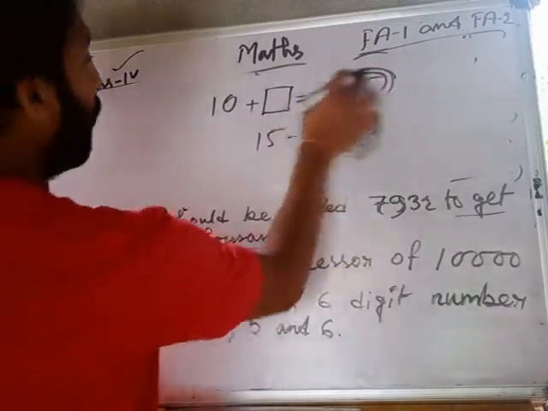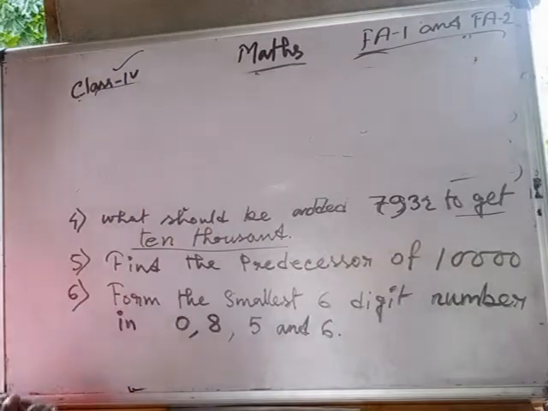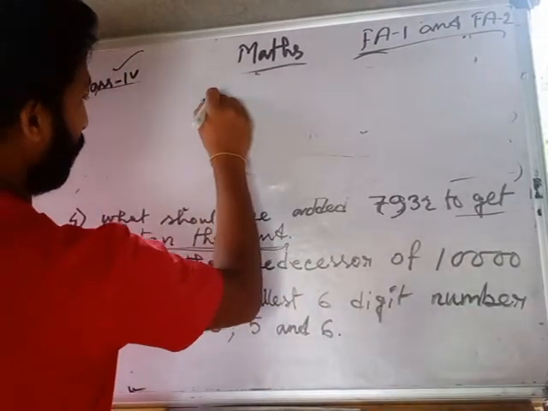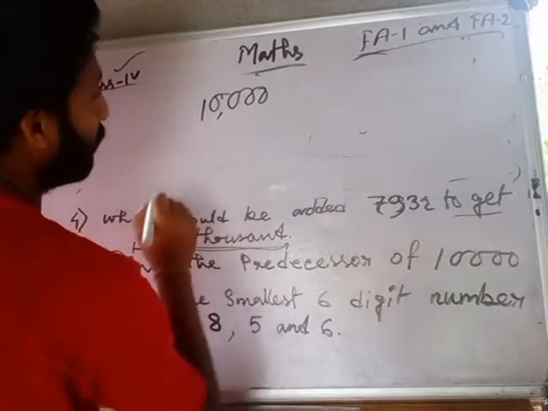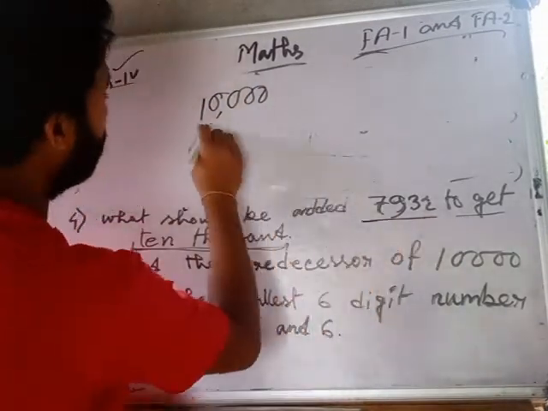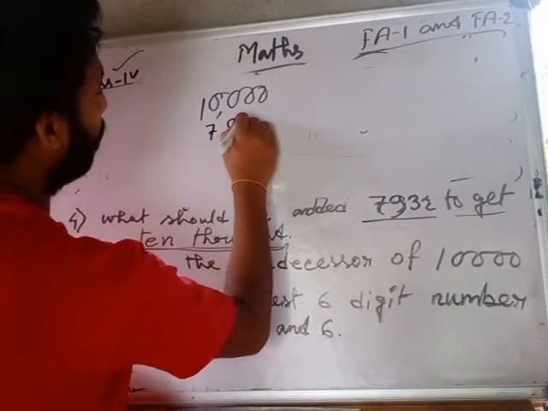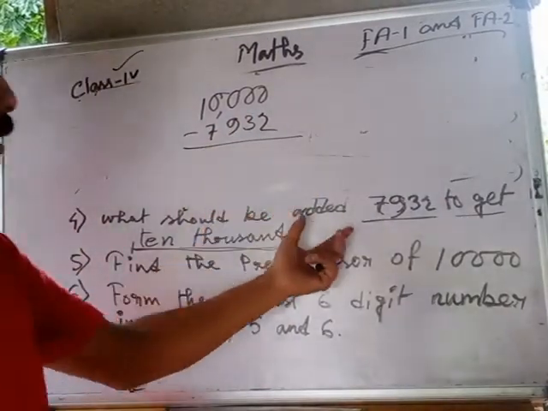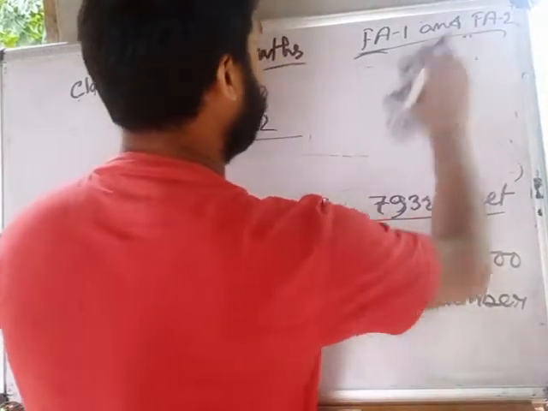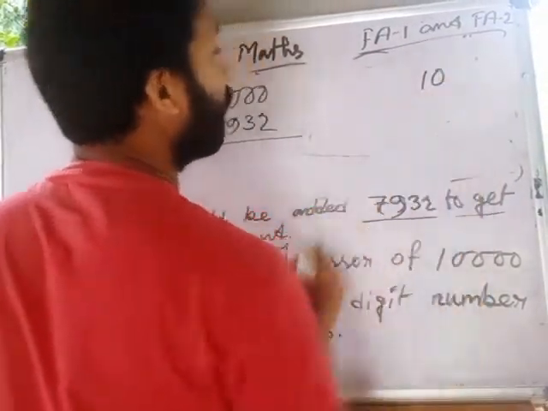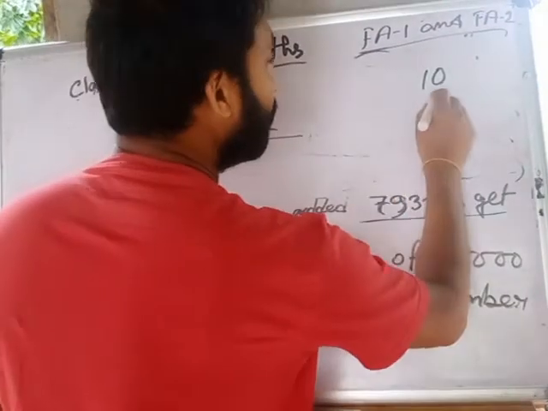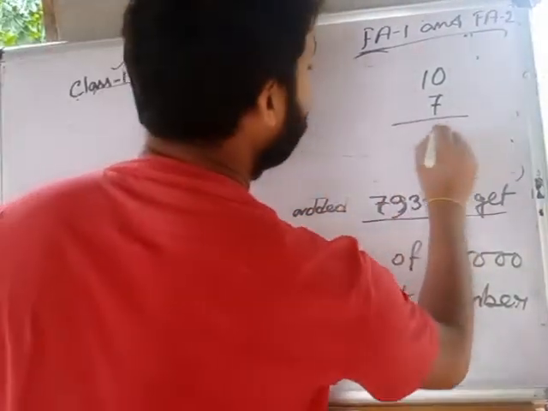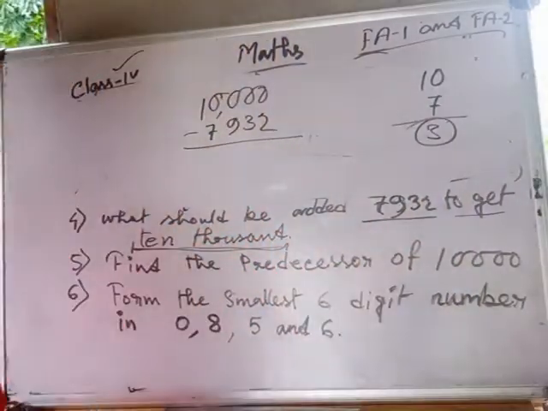That's why it is 10,000. So we should write 10,000 first, to subtract 7,932, because how much should we add? Suppose I have 7 chocolates. To get 10 chocolates, how many should I add? 3.